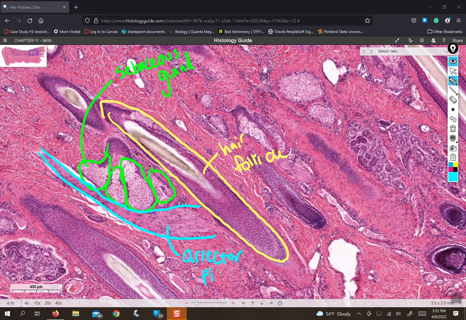So this is smooth muscle that erects the hair. So when you get goosebumps on your arms, for example, when your hair stands on end, that is your erector pili muscles tensing up and pulling our hairs into an upright position.